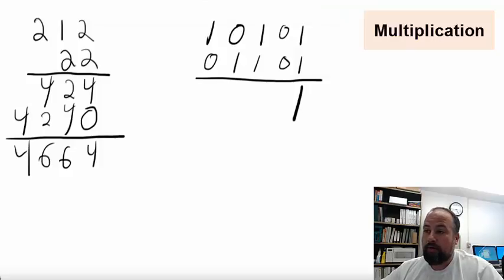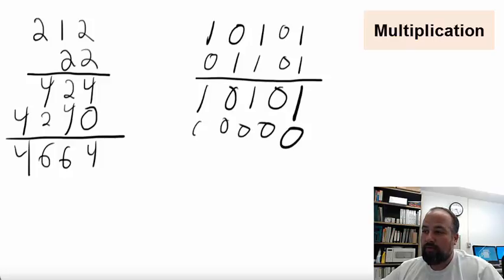1 times 1 is 1. 0 times 1 is 0. 1, 0, 1. Now, because this is a 0, this whole thing is going to be 0. So we can just ignore this next step because it's just going to be 0 and then a bunch of zeros shifted over. So that's pointless.